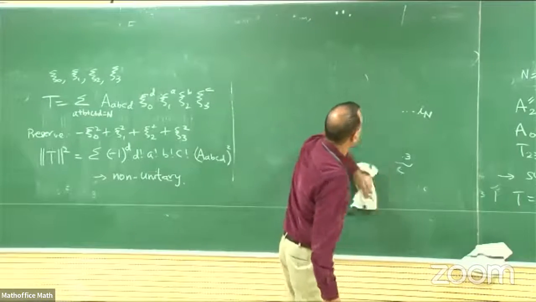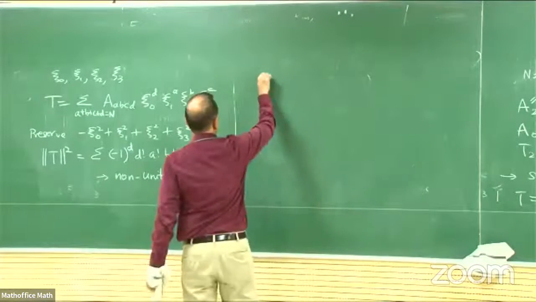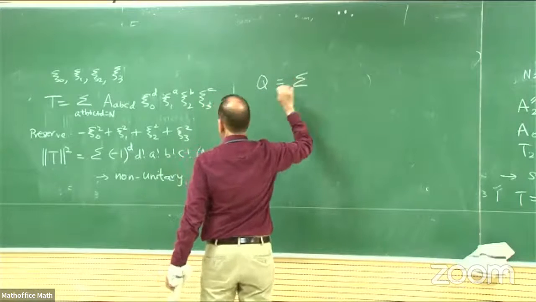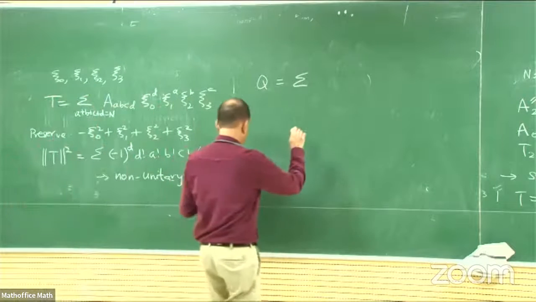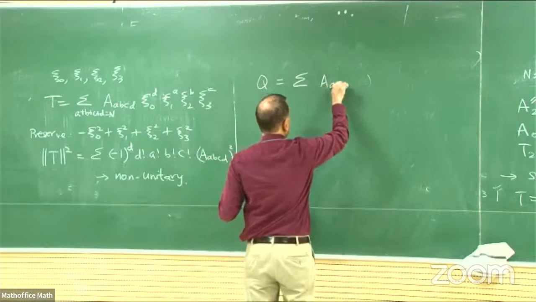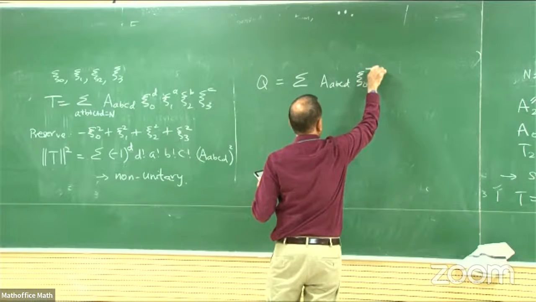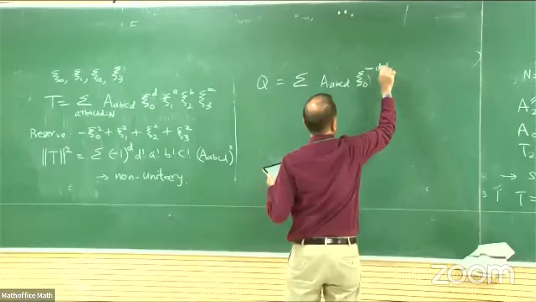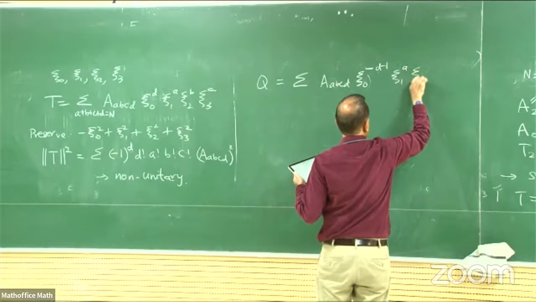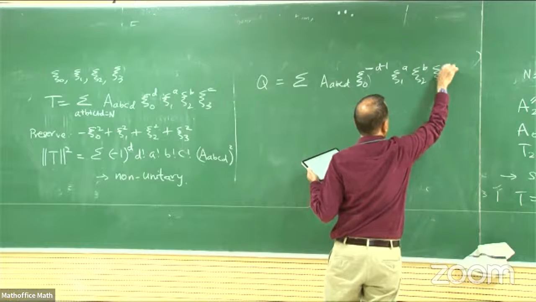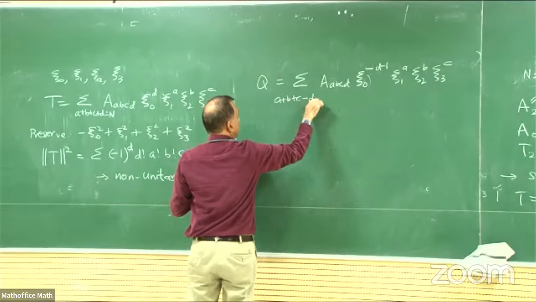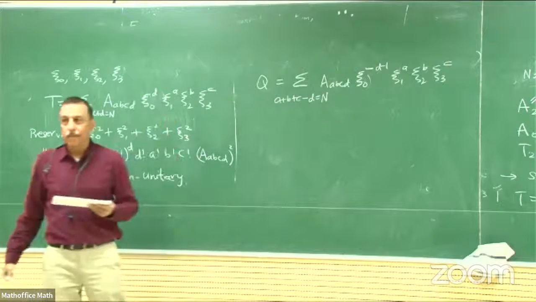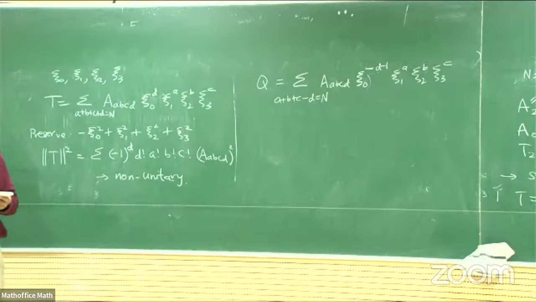And what he does is to write a new quadratic form, which I'll call Q. I think he also called it Q, which is summation A, B, C, D, psi 0 to the minus D minus 1, psi 1 to the A, psi 2 to the B, psi 3 to the C. And the restriction now is A plus B plus C minus D equals N. Okay, so this is the Dirac maneuver, if you like.